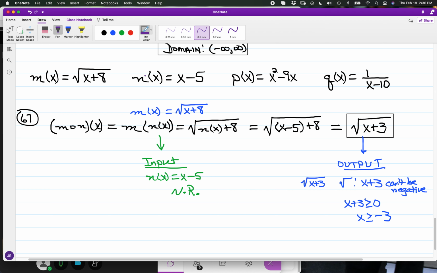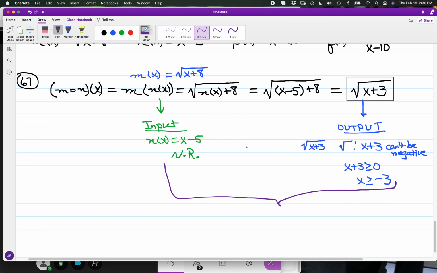So the input has no restriction, and the output has the restriction that x is greater than or equal to negative 3. For the whole composition, the restrictions come solely from the output, so x is greater than or equal to negative 3.